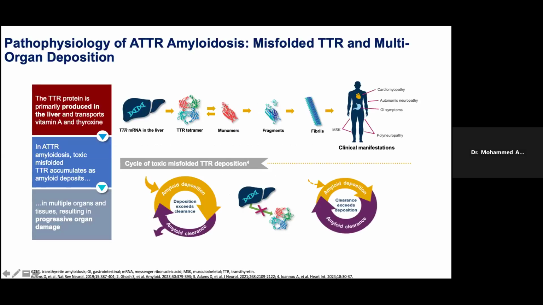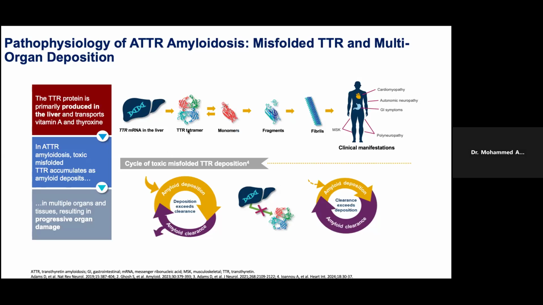Before we start, we need to understand the pathophysiology of the disease. As we know, the ATTR amyloidosis is a transporter protein produced primarily in the liver. Under normal conditions, it circulates as a stable tetramer carrying thyroxine and retinol binding protein.